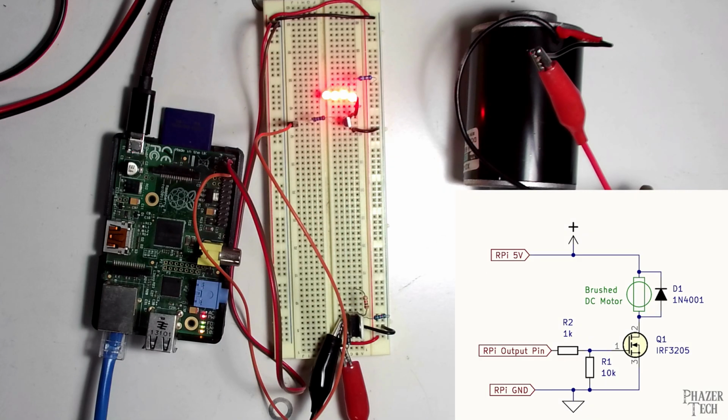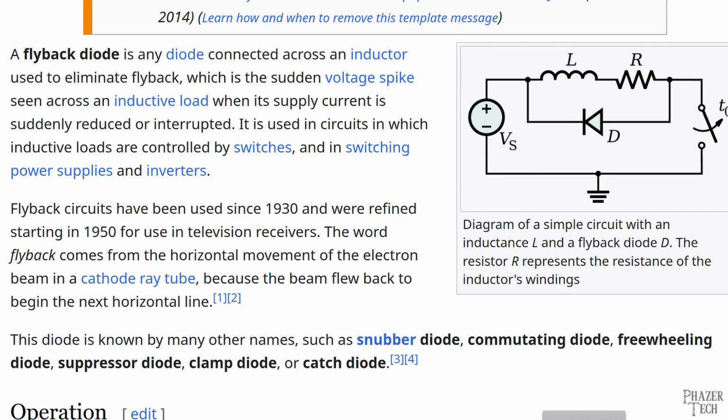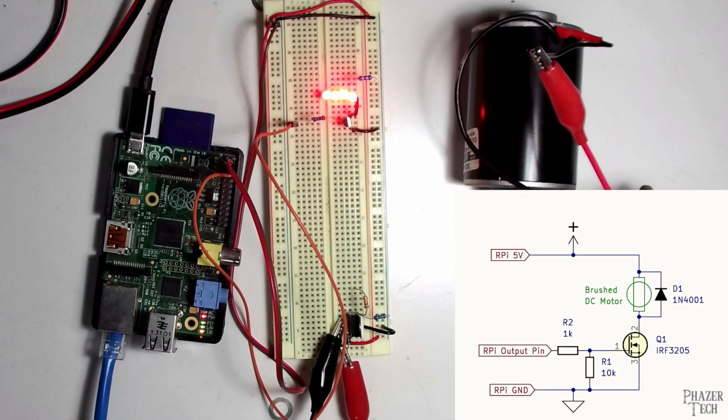So, anytime you're powering a device with a coil, you'll need to make sure you include a diode so that it protects the transistor and the rest of the circuit from what's called flyback voltage or freewheeling. There's a few names for it, but again, anytime you use something with a coil, you'll need to make sure you include a diode here that runs in parallel with the load to protect the transistor from that.